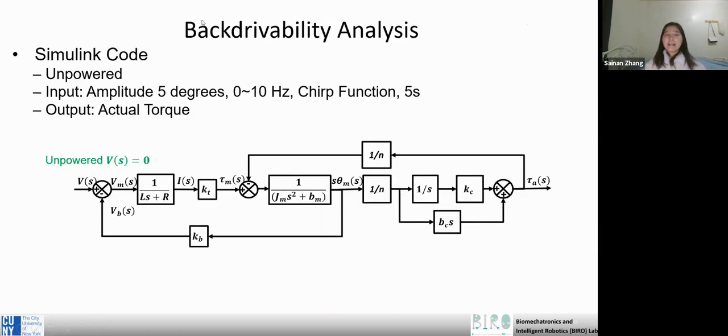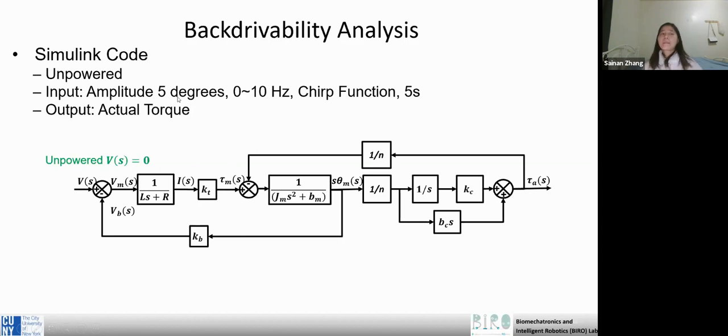Okay, and then is the backdrivability analysis. Here, we set the V equal to 0. You can find here there is no control loop, there is no reference. That's because the motor is unpowered, so the PID control is useless. The microcontroller is unpowered, so we only need the system's transfer function and control diagram. Here is the output and our input.